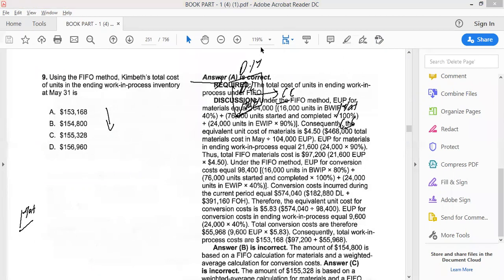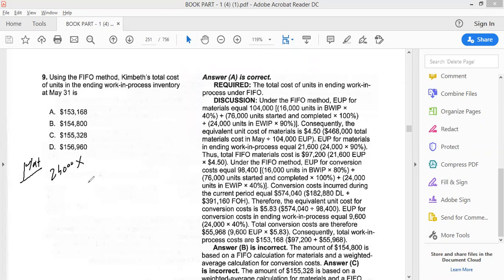So, students, first of all, you have to work out the materials component: 24,000 units multiplied by the per unit material cost, which we discussed in another question.